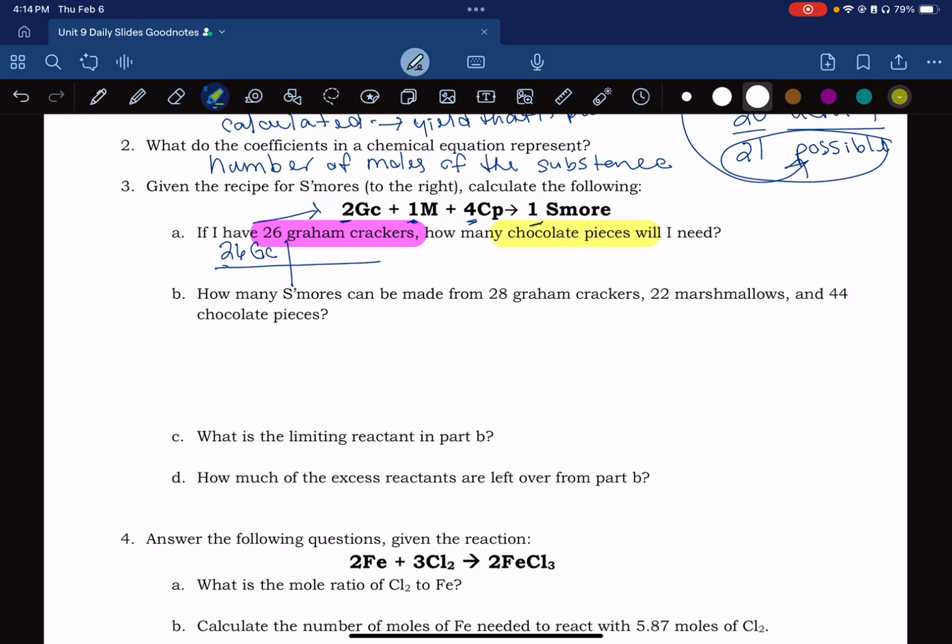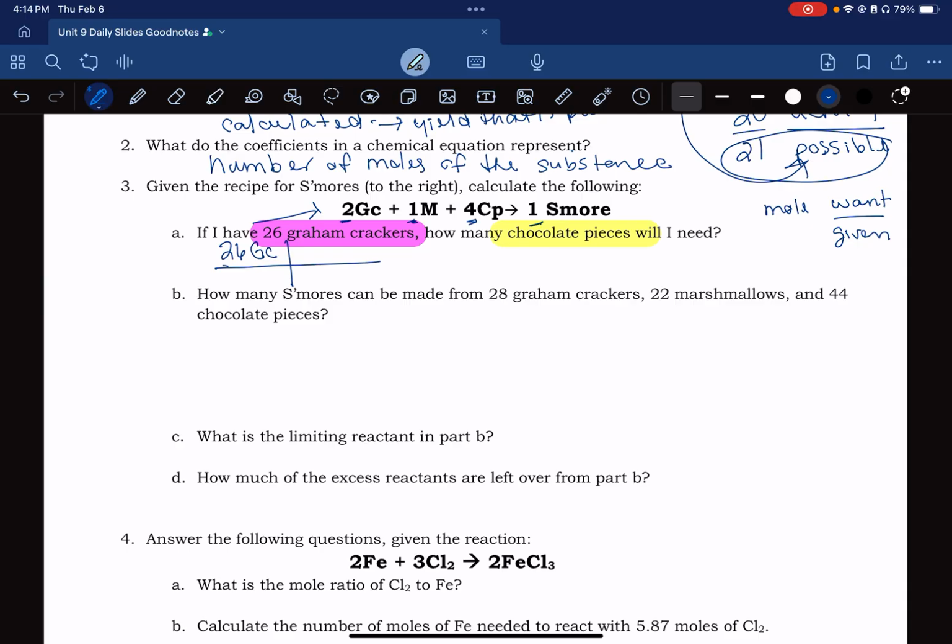Just keep in mind that the mole ratio is always going to be what you want over what you're given. That is the mole ratio, and we're going to use that in every single mole to mole conversion, or anytime you have a balanced equation and they're asking you to find the relationship and apply it.